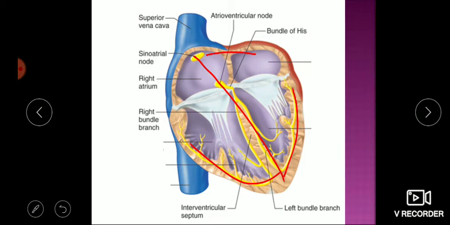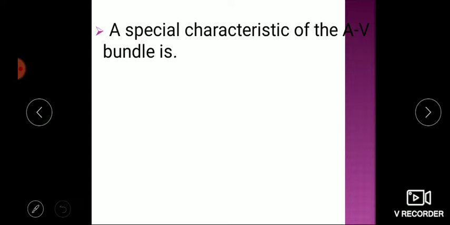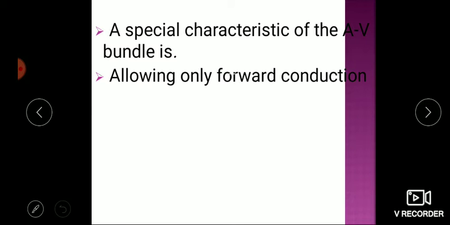Initially both atria will contract, then the impulse will go from the AV node to the bundle of His. So first atria will contract, after that the ventricle will contract. This sequence will follow, and this will lead to a proper cardiac cycle. A special characteristic of the AV bundle of His is allowing only forward conduction. It will not allow backward conduction.